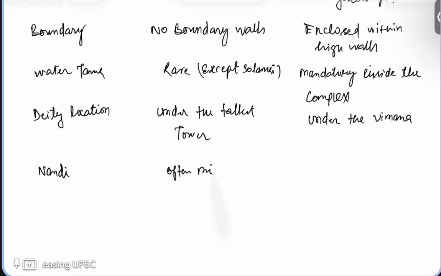If we talk about a Shiva temple, then Nandi is often missing or outside.